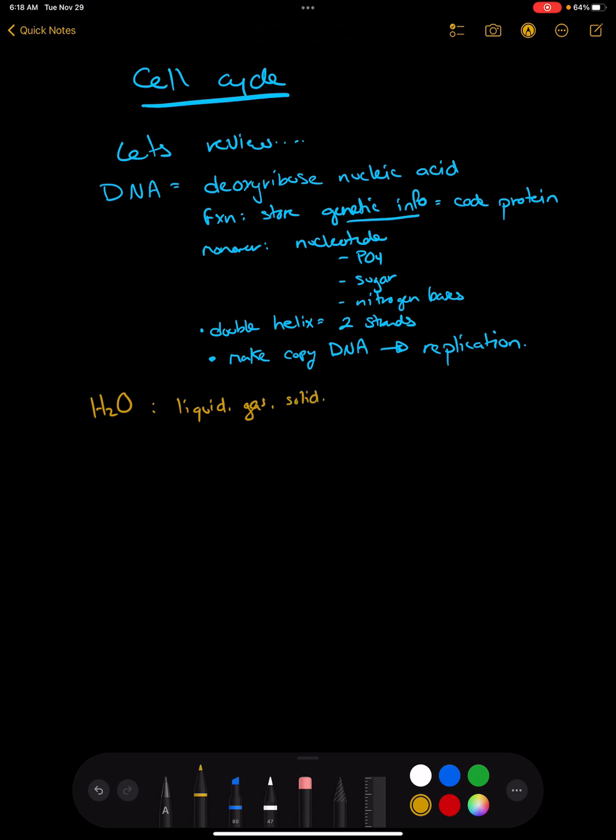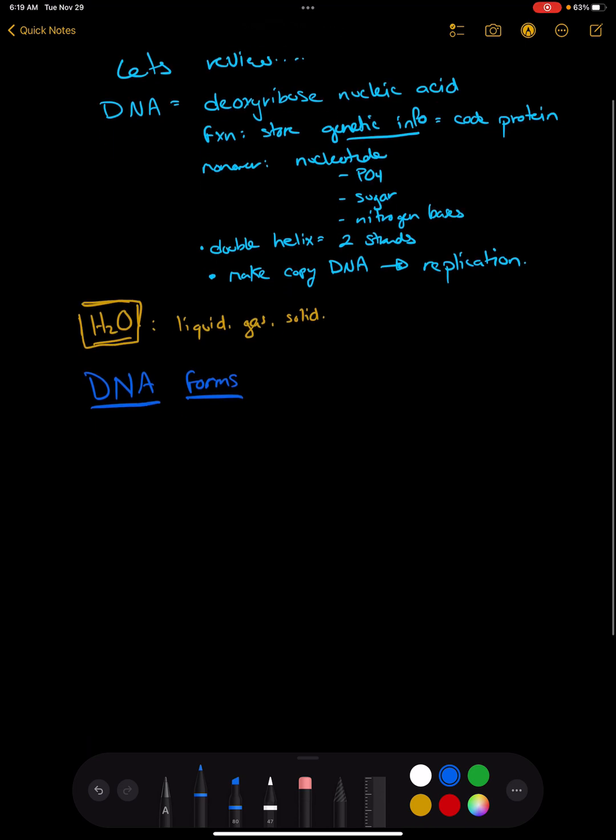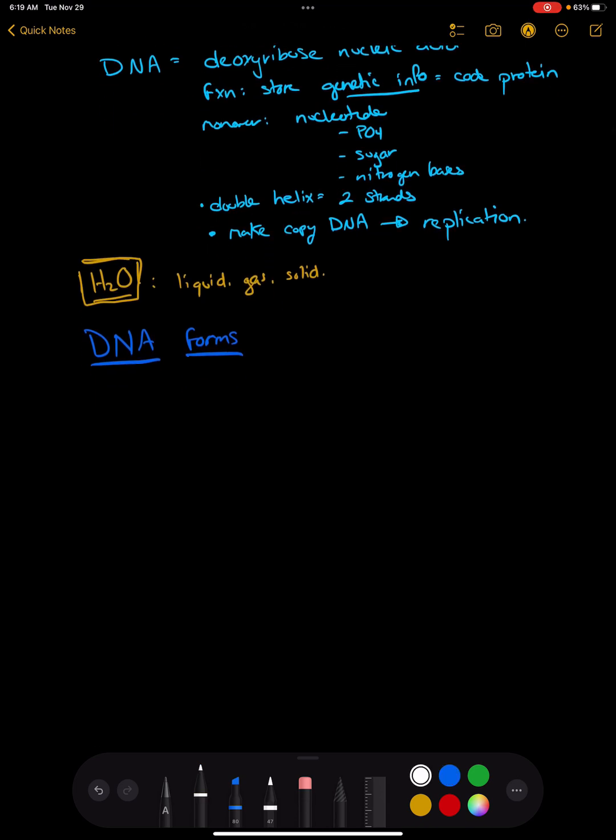And so you still have this H2O. You guys know what H2O is, but I can see it in different forms. Well, it's the same thing with DNA. DNA is just a nucleic acid, but guess what? I can see it in different forms, okay? And so we're going to go through those forms.